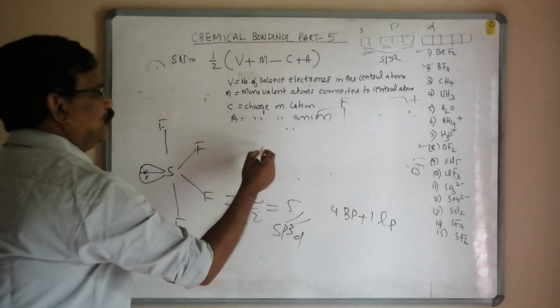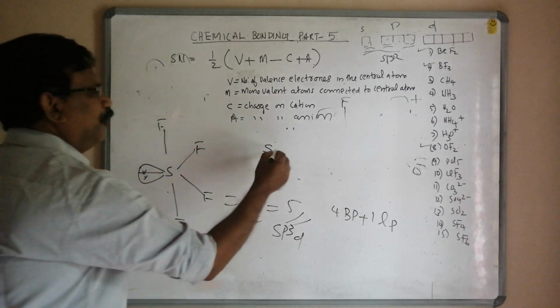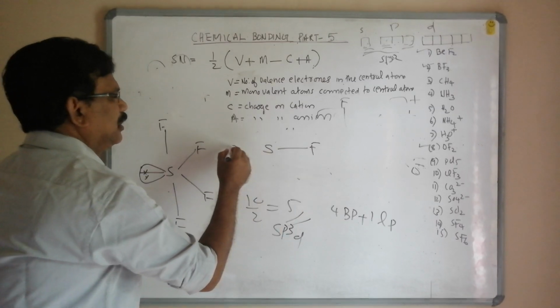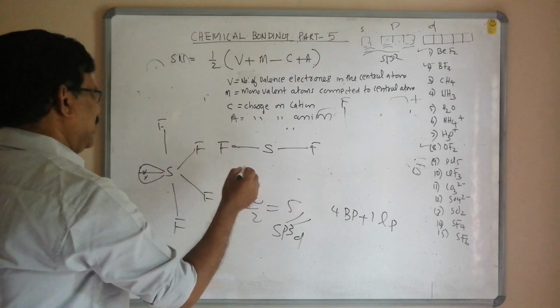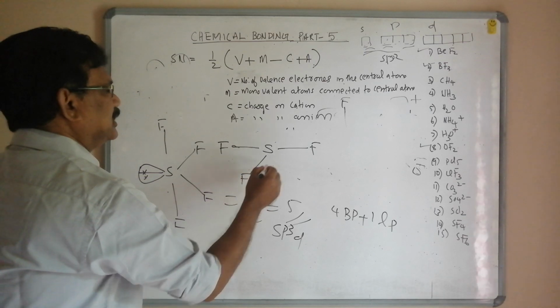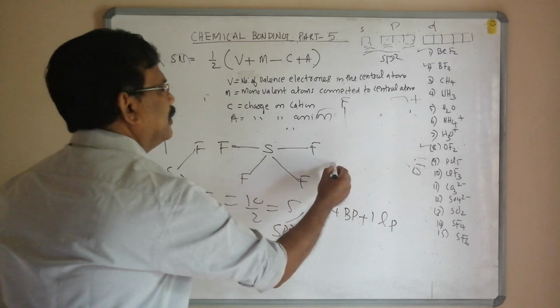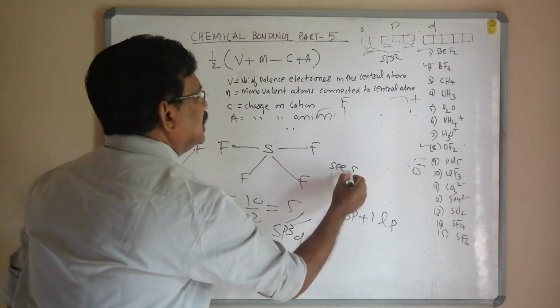And this is also SF4, 4 bond pairs, and 2 fluorine atoms like this. Seesaw model, shape seesaw.